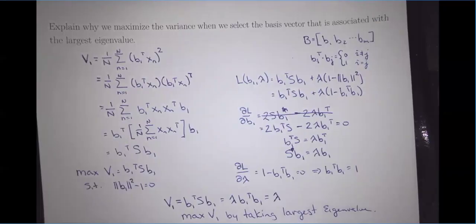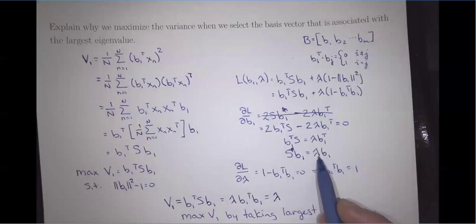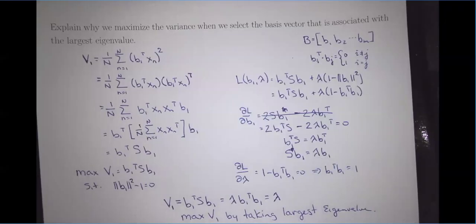Okay. So our largest variance corresponds to the largest eigenvalue. That corresponds to the B1, which is the eigenvector with the largest eigenvalue, which means that your maximum variance comes in the direction of the largest eigenvector for S.